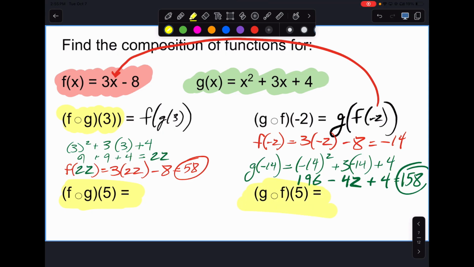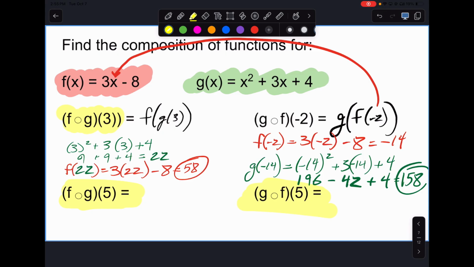I want you to compare and contrast them. What's the same? What's different? All right, Blaze, here's the softball.